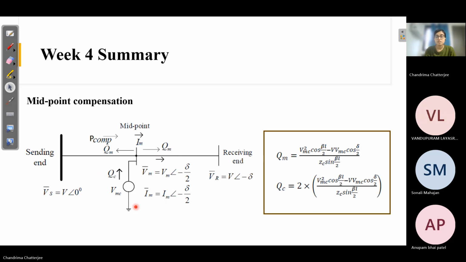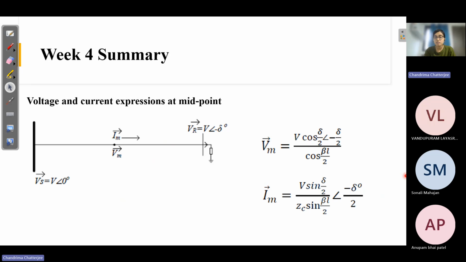Now, before we proceed, just to clarify one thing: in the no load condition, you know that the value of delta is 0 degree, right? So cos delta by 2 will become unity. This is 1. And in the denominator, you have cos beta L by 2. So you can understand that at no load condition, the voltage will obviously be higher than the rated voltage because this denominator is less than 1, so this value will be greater than 1.